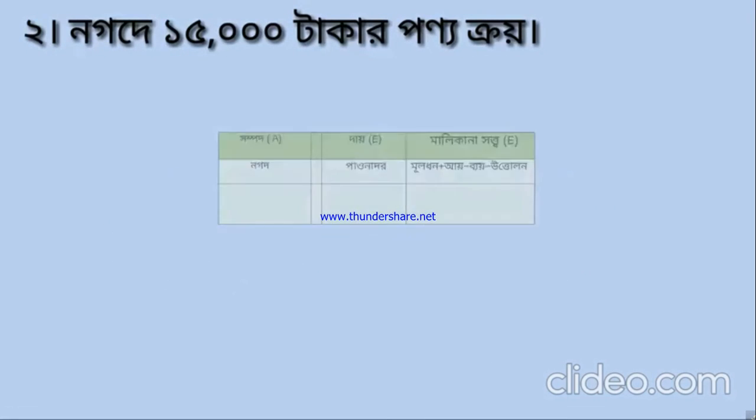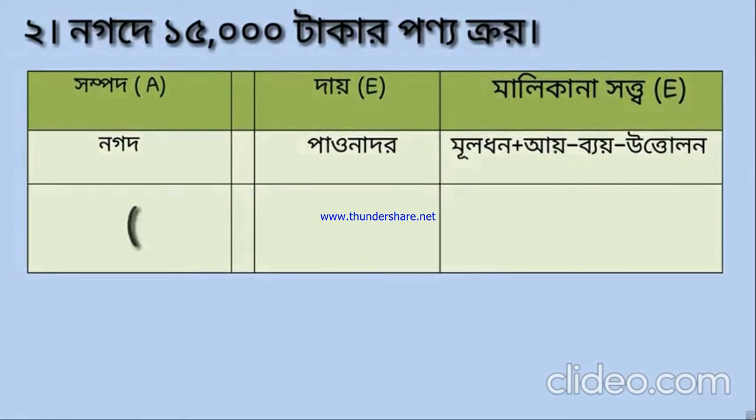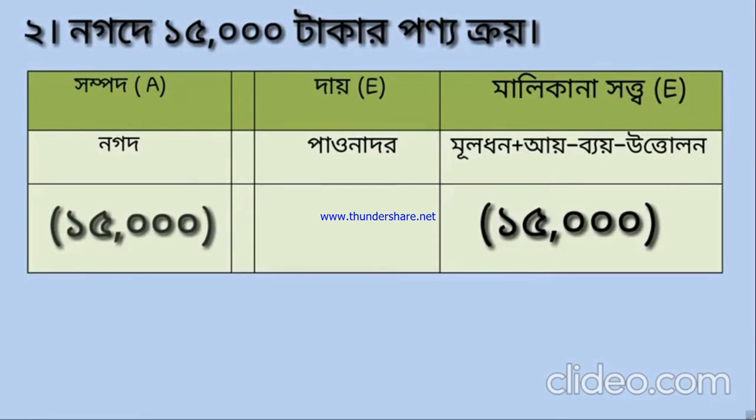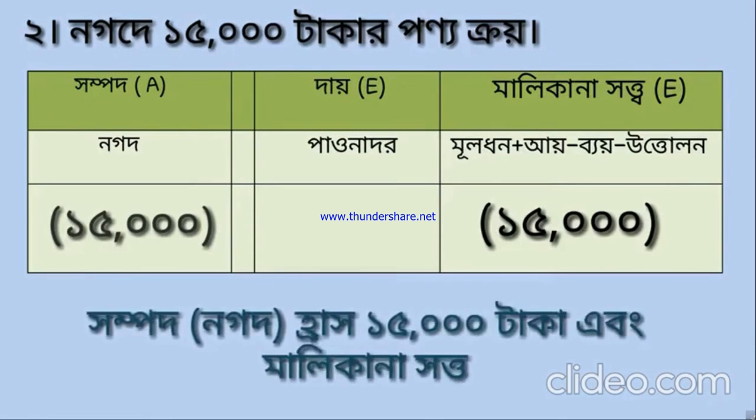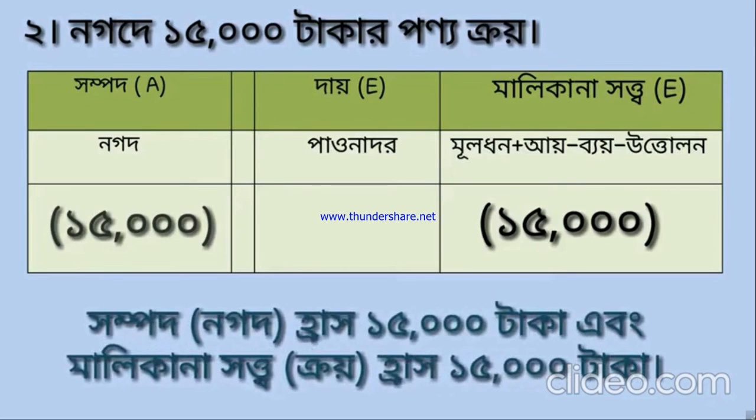Next, he purchased product for 15,000 taka in cash. It is a transaction. Cash has gone out from the business by 15,000 taka. On the other side, the owner's equity has decreased by 15,000 taka.